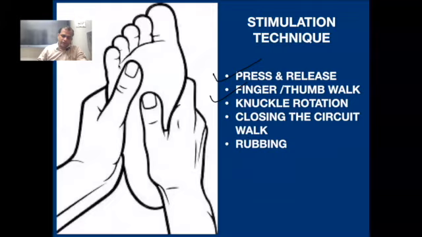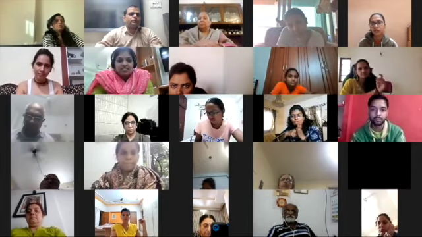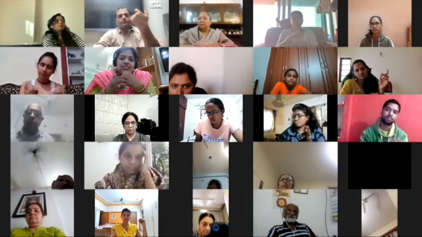The third technique will be knuckle rotation. What is that? A very, very important technique. Knuckle rotation means, we know these are the joints and these are the knuckles. So look here. These are the joints and these are the knuckles.